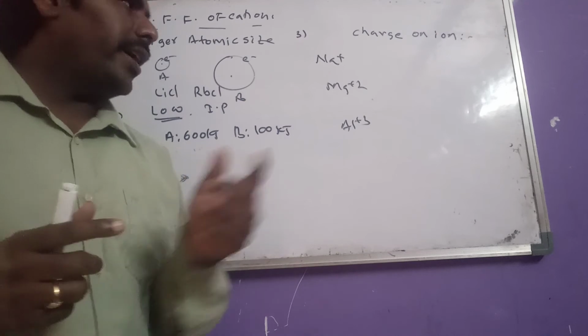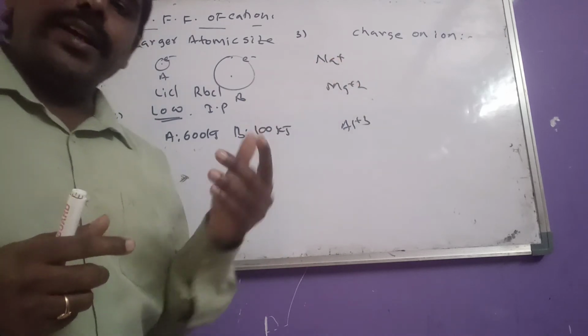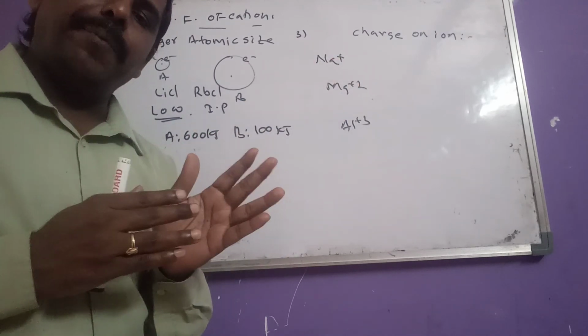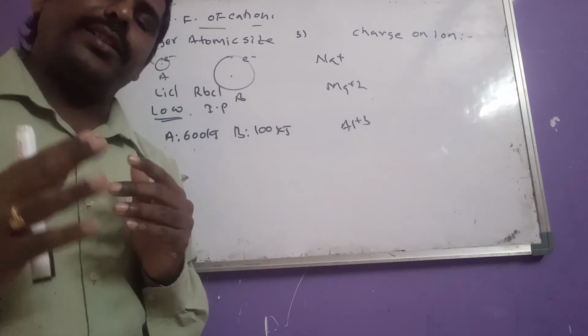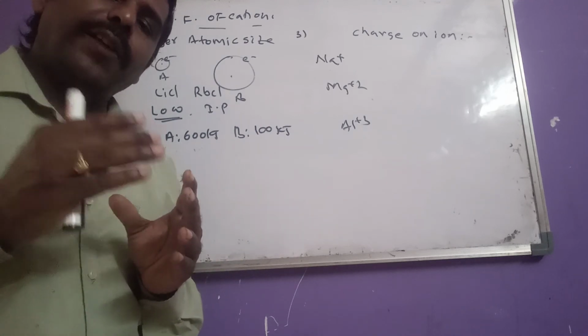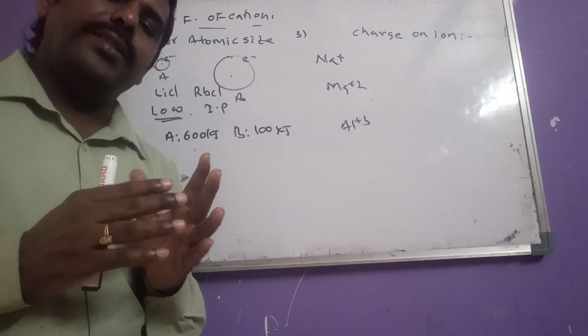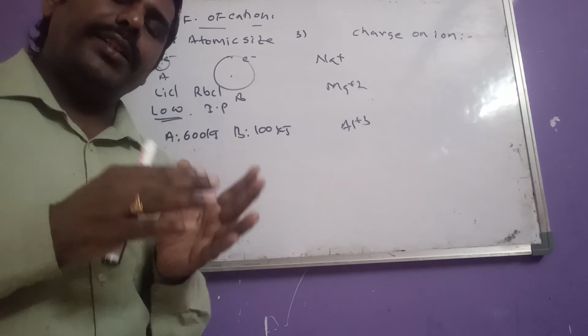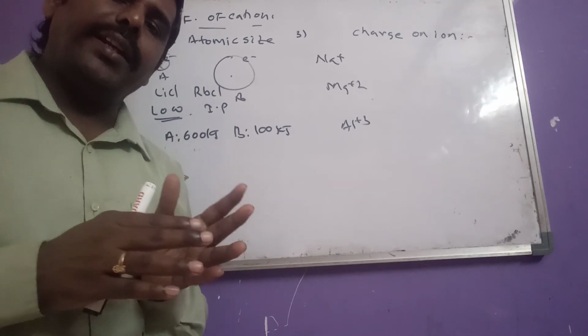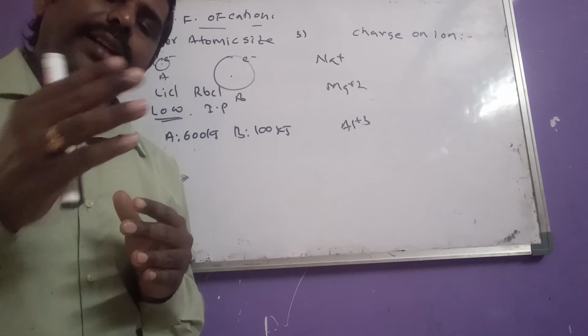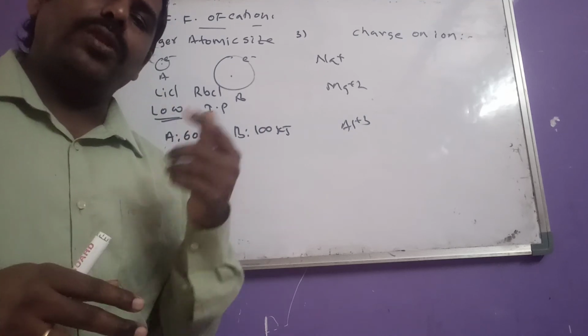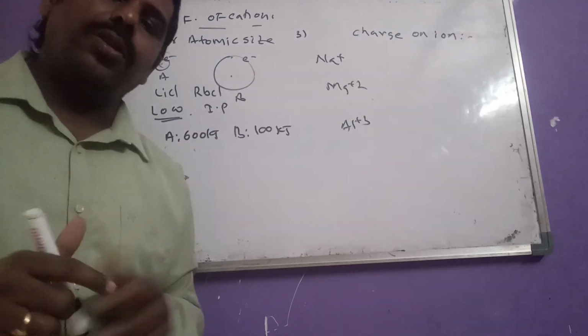So that is why IP1 is less than IP2, less than IP3, like that. Removal of an electron from a cation is difficult. As the positive charge on the cation increases, the ionization potential value increases more and more. Why?